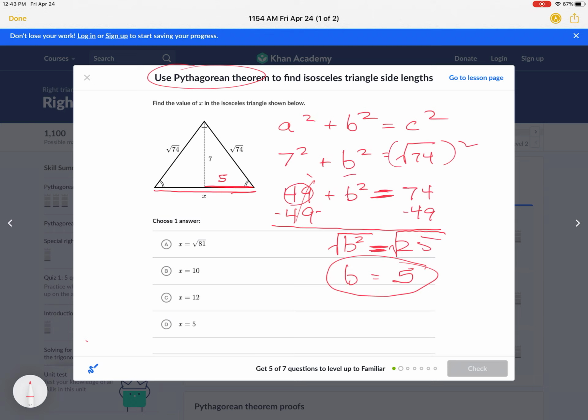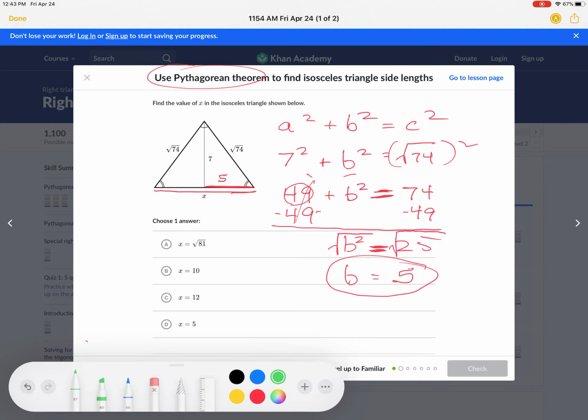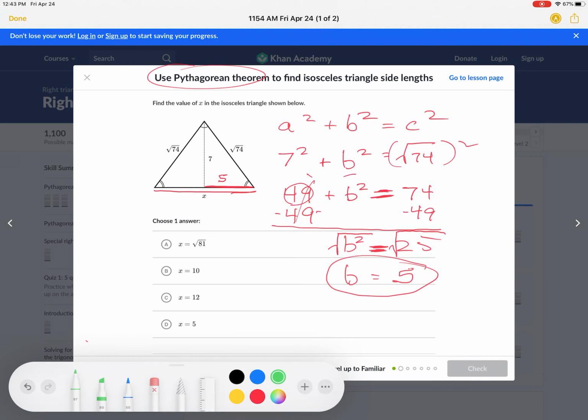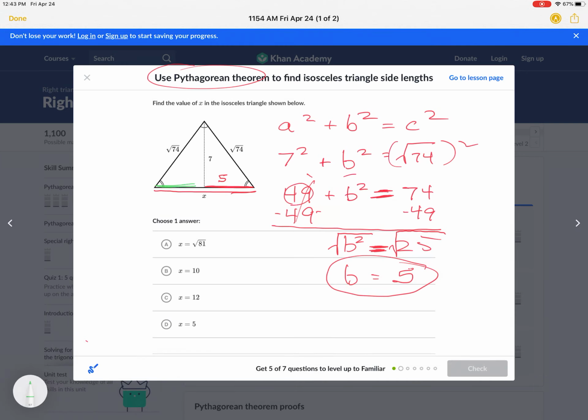So this is 5, and if this is 5 right here, then we're actually going to end up with x being equal to 10. All right, so 5 plus 5 is 10. So those are two examples of how to use the Pythagorean theorem to find isosceles triangle side lengths.